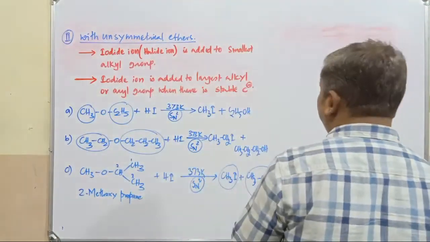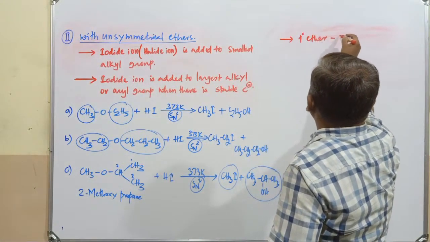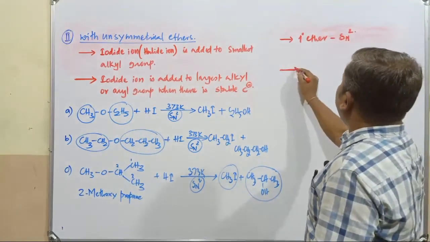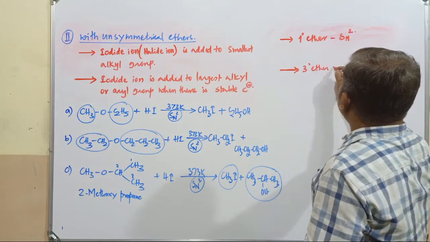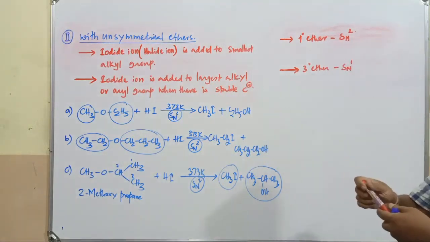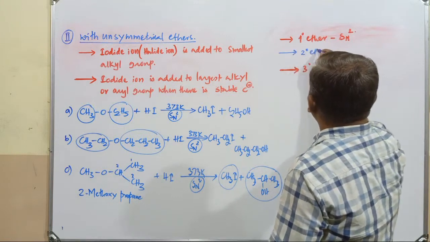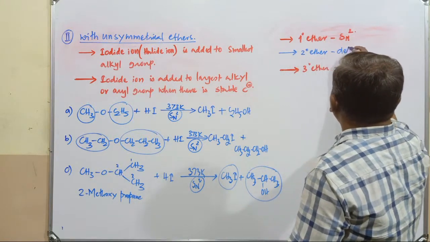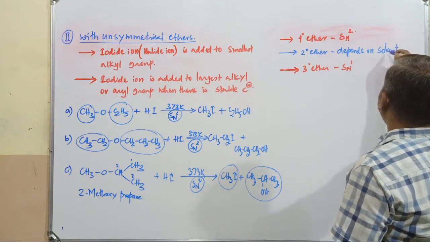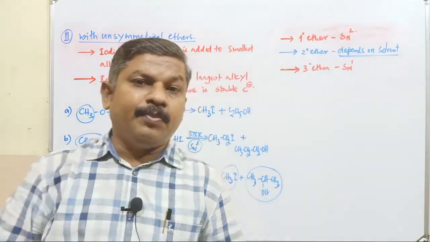If the ether is a primary ether, remember it follows the SN2 mechanism. If it is a tertiary ether, it follows the SN1 mechanism, with formation of a carbocation. If the compound has a secondary ether, it depends on the nature of the solvent, that is, polar protic or polar aprotic solvent.